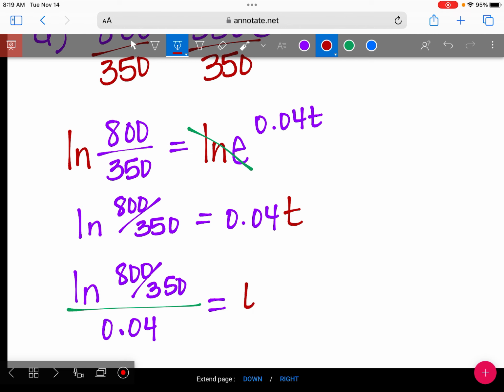And you're going to type that in just like that. And I'm going to round my answer to the tenths place. So you should get 20.7 days for part D.